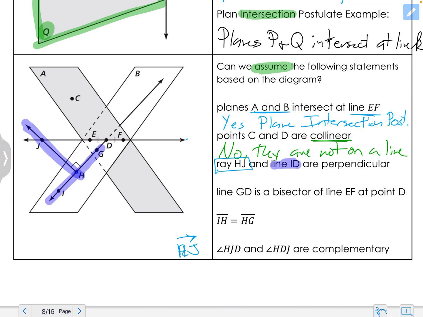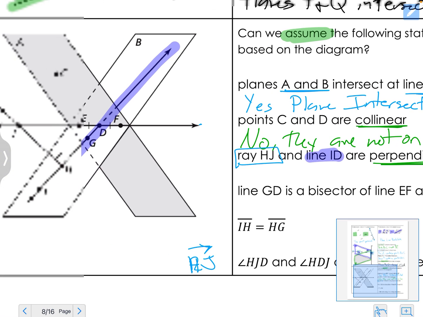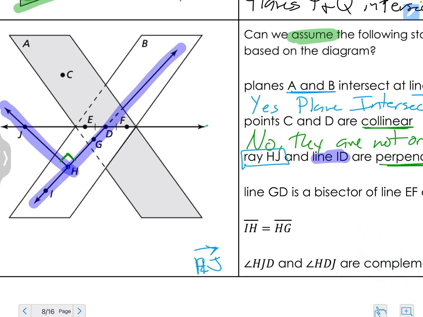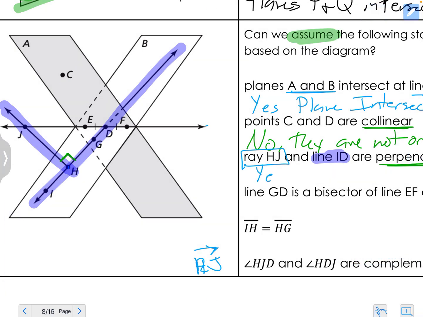I follow D and I'm going to go all the way to the arrows. Are they perpendicular? Perpendicular tells us a 90-degree angle. And we know that these boxes right here mark 90-degree angles. So yes, we know this because of the right angle symbol.